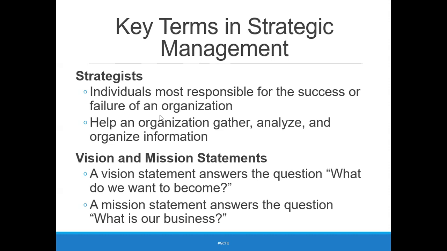So they usually have titles or designations such as the Chief Executive Officer, the President of the corporation, the owner, and if it is also manned by a board, then it may be the chair of the board. It could also be characterized as the executive director, the chancellor, or the dean, depending on the organizational structure we are dealing with.